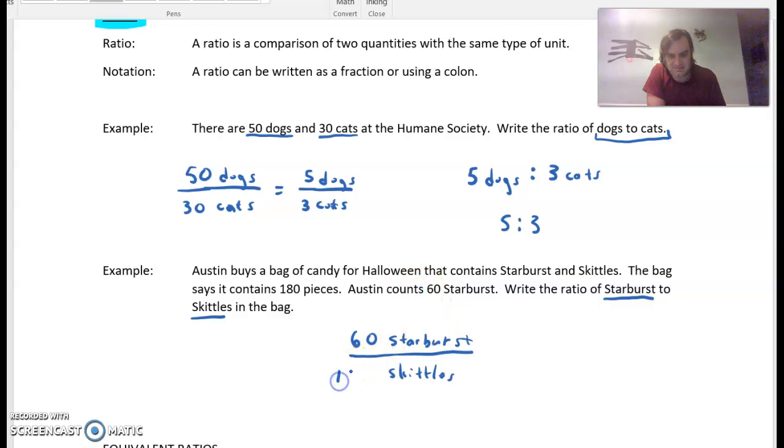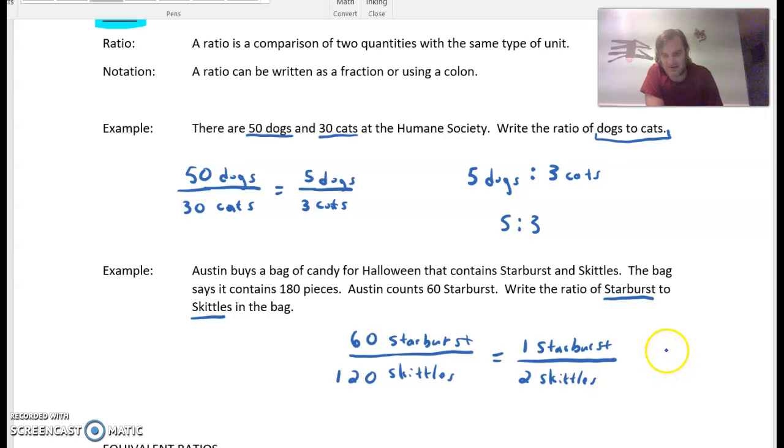If you subtract them, that leaves you with 120 that has to be Skittles. And I think if we reduce that, we'd have 1 Starburst to every 2 Skittles. And we could write that 1 to 2 if we want to use the colon notation.